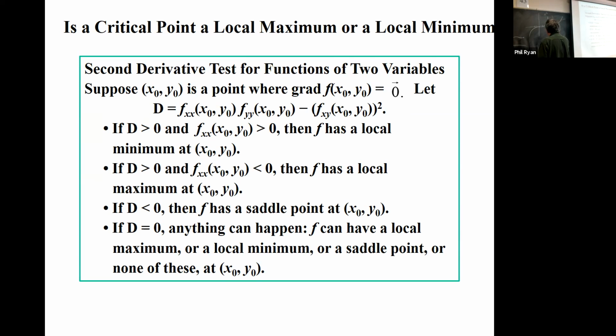If we go back to our example before of x squared plus y squared, setting the derivatives equal to 0, the critical point is (0, 0).